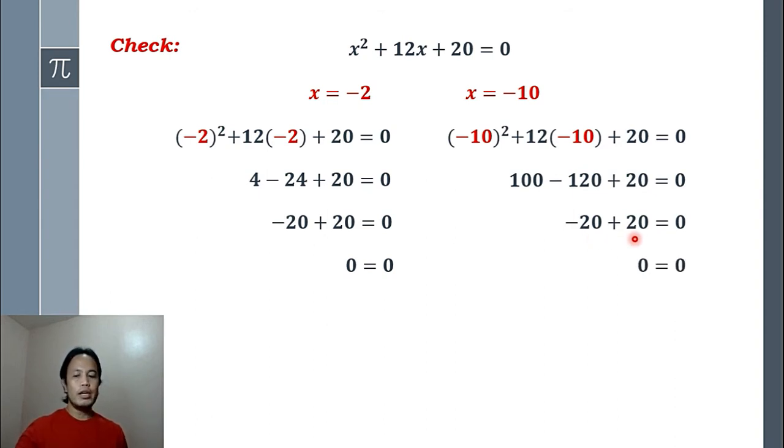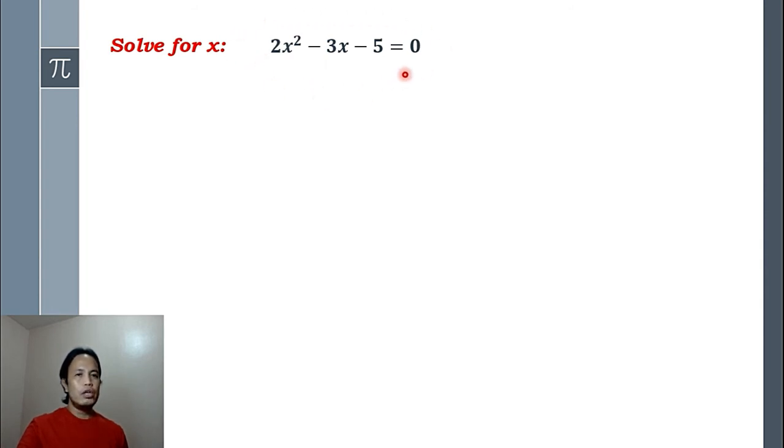Okay, let's proceed to another example. For example, we are given this equation: 2x squared minus 3x minus 5 equals 0. Again, this equation is already in its general form, so there is no need for us to change it.